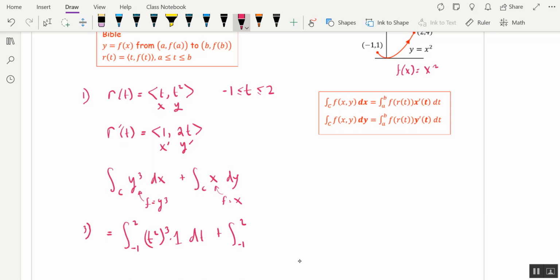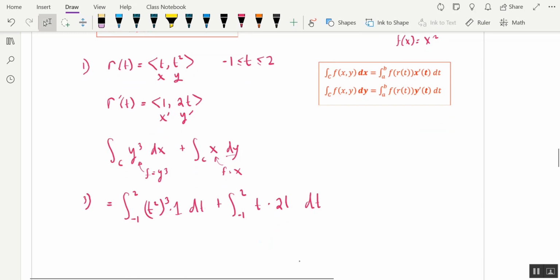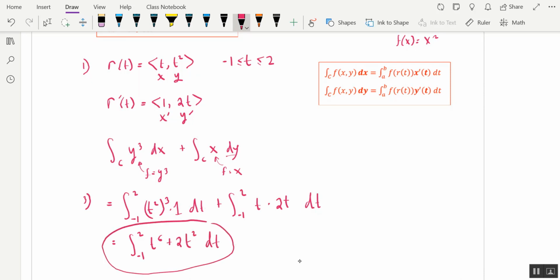And now my f is x, which is t, and replace the dy with y prime of t dt, which is 2t dt. And let's do final cleanup here. I'm going to combine them back into one integral, -1 to 2, and you could keep them separate. This is going to be t to the 6th plus 2t squared dt. And that's it. Okay, and that's the end of this section.